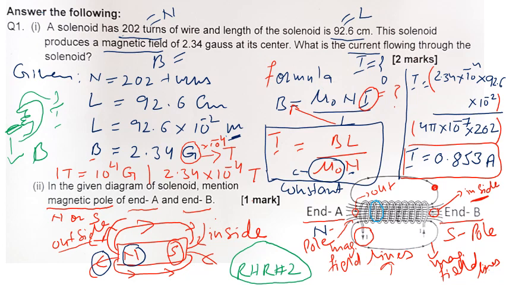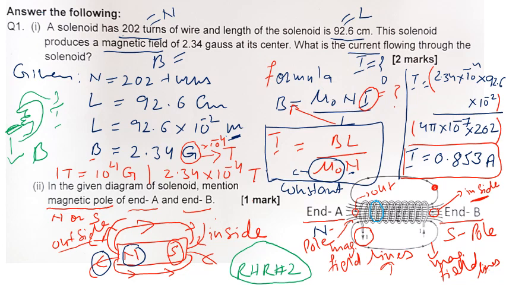First you have to check how the current is moving here. See, this current is coming from this side, like this. From here it is coming this way. See how the current is going: it goes from here, then moves like this, then like this, then like this.